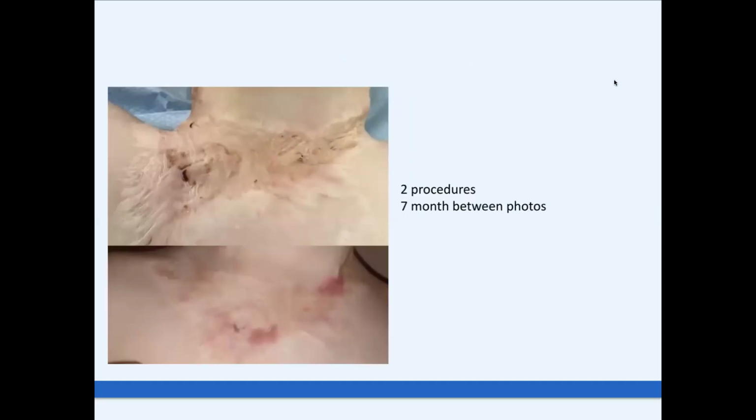This is a boy, 2 years old. He had a few operations for his burns, also a skin graft, and we have results after 2 procedures. In this case, we also used betamethasone in home care.